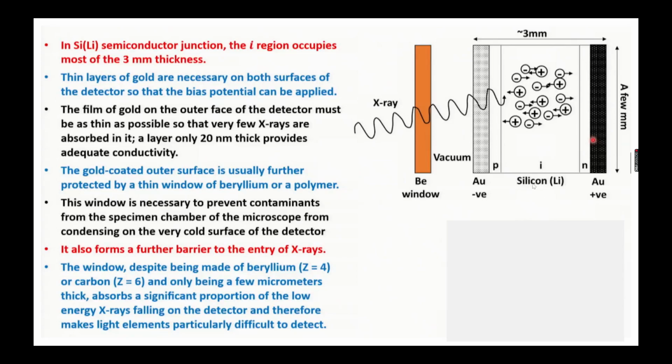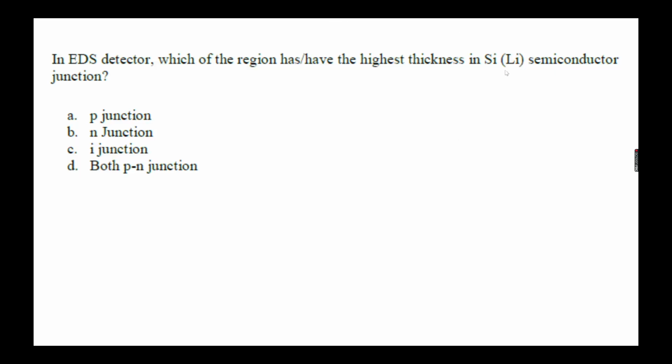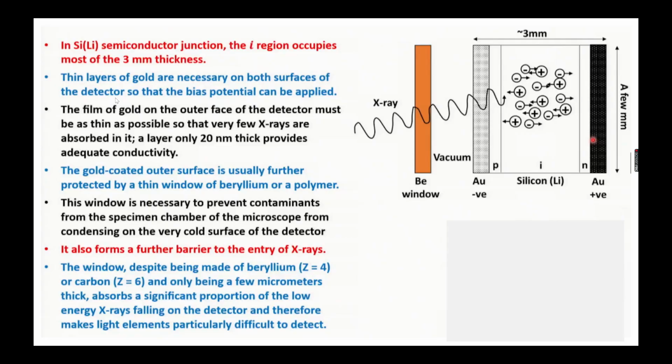This is silicon. This is asking about the highest thickness of the silicon semiconductor junction. The I region will be thick. You can see this is around 3 mm. The I region in the silicon semiconductor junction occupies most of the 3 mm thickness. So the answer will be the I junction.